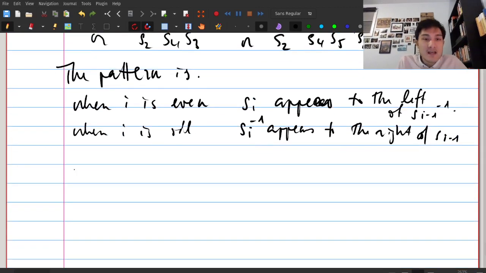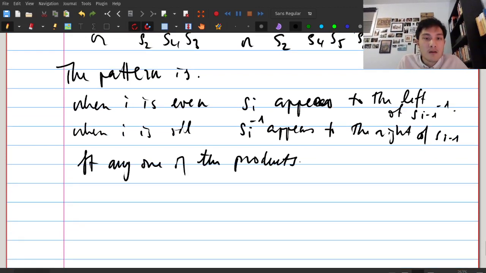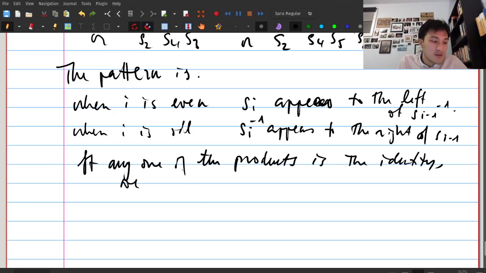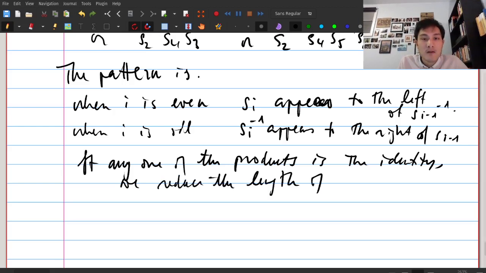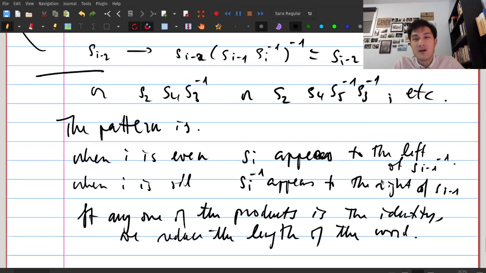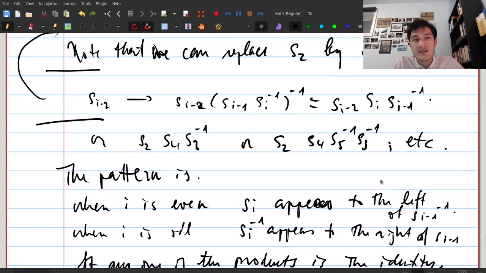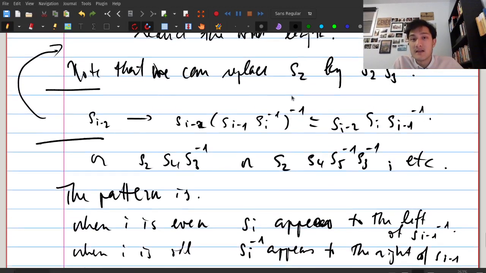Okay, so if any one of the products is the identity, we reduce the length of the word, right? So our strategy is to replace S2 by a bunch of things and hope that one of them is the identity.